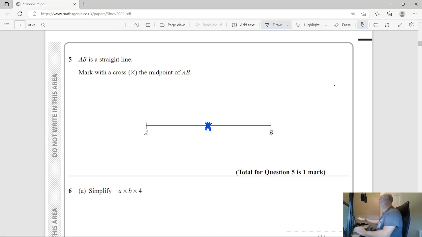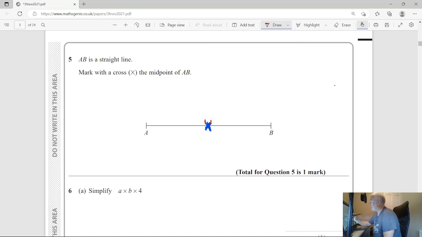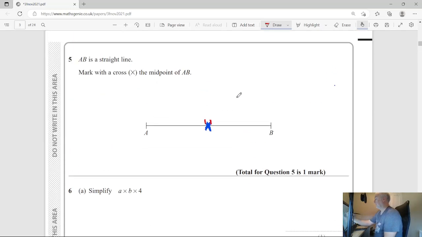Now, the leeway you've got on a question like this, the amount of variance would be in that sort of range in relation to the 2 red dots. As long as you're somewhere between that mark, you'll be absolutely fine. And again, just to confirm, midpoint, middle of the line.